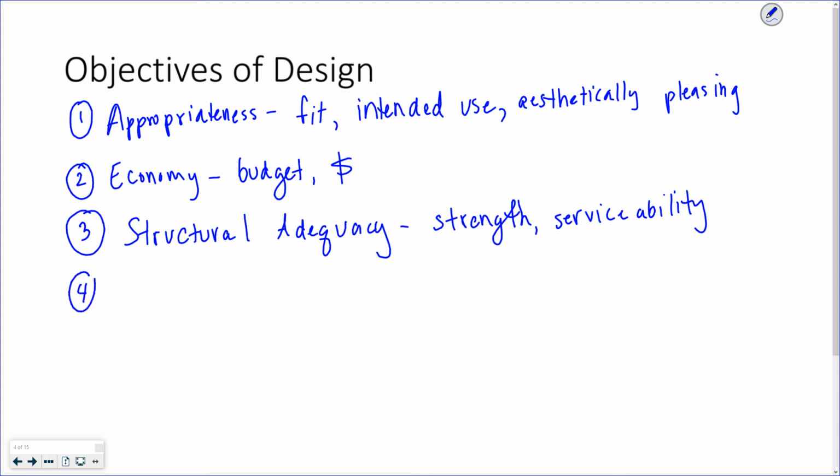And is there any maintenance involved? Because what if you build something and it needs a lot of work? Maybe it was cheaper to build, but now you've got to put more money and time into fixing it.